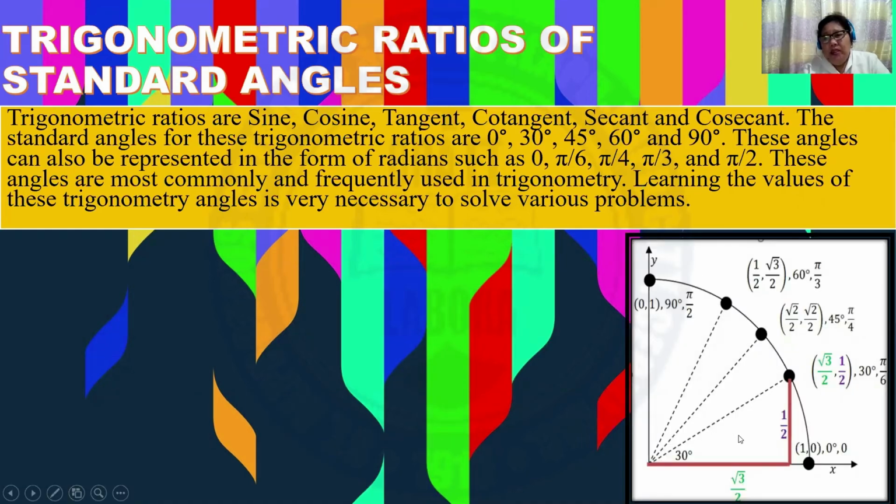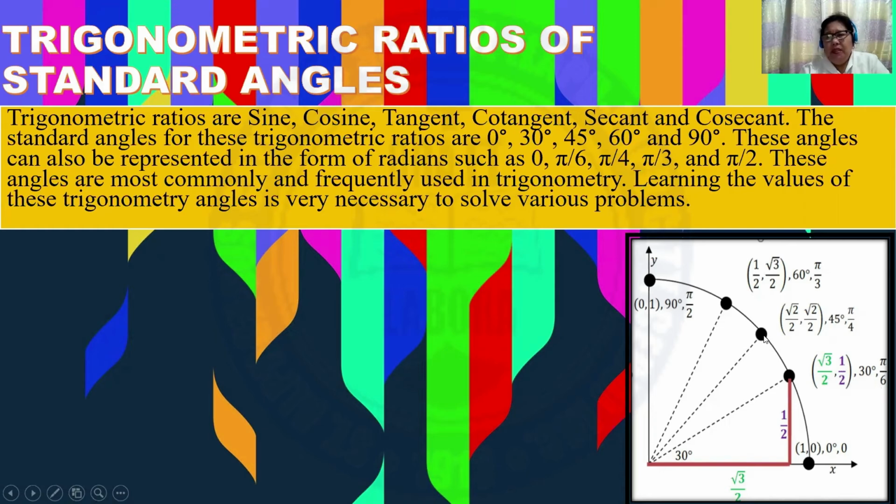Now, this quarter of a unit circle wherein this angle measures 30 degrees with this side square root of 3 over 2 and this side is 1/2. So this is now the reference triangle, and this point with coordinates square root of 3 over 2 and 1/2. Again, this is equivalent to 30 degrees or pi over 6.